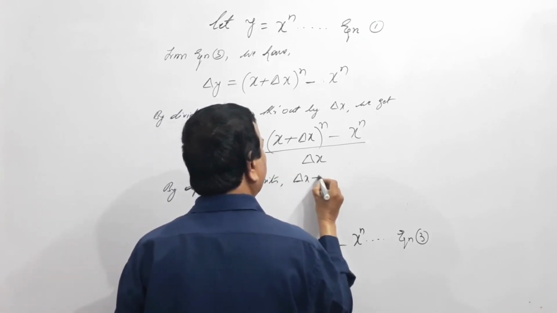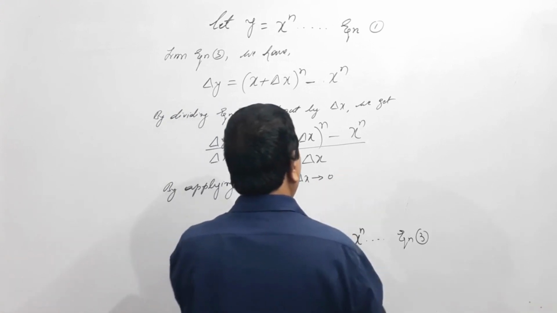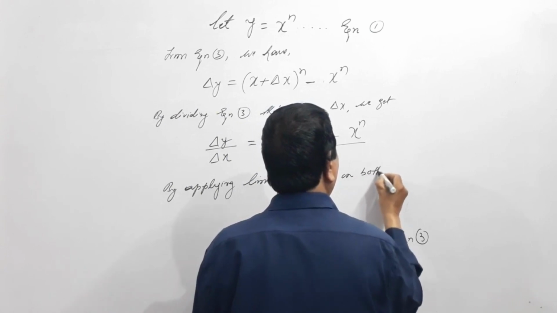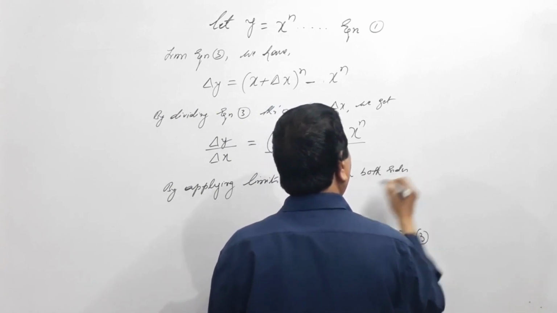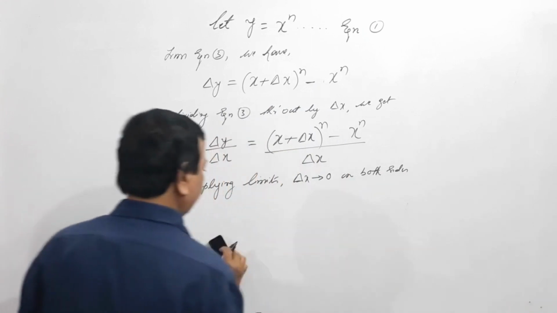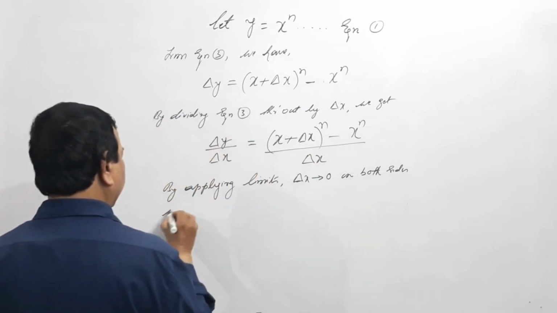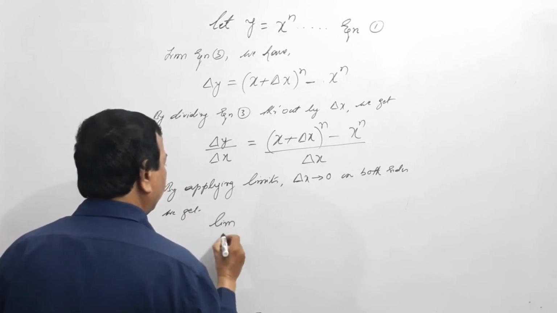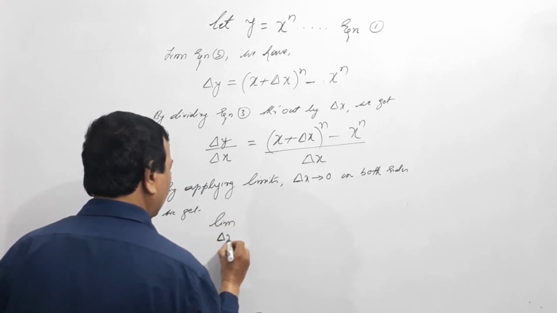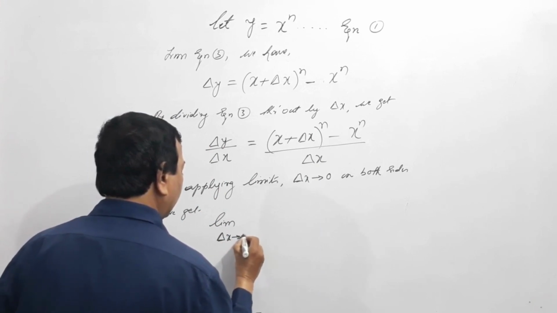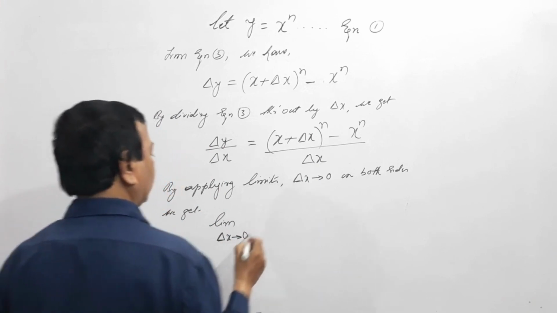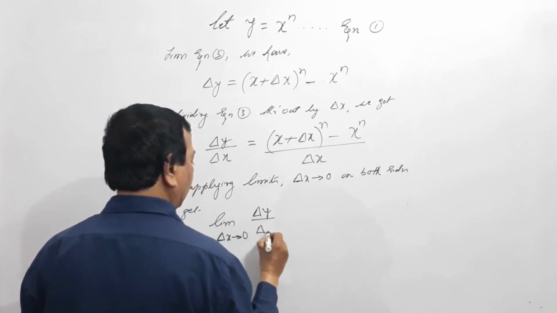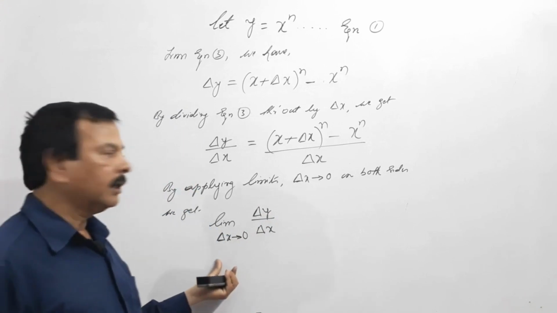Delta x tending to 0 on both sides. We get limit delta x tending to 0 of delta y by delta x on the left hand side.